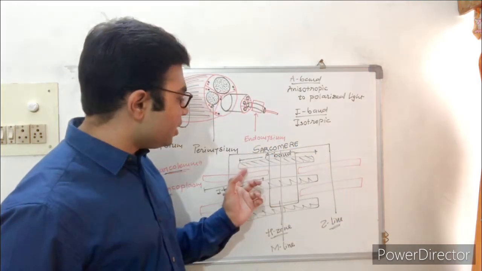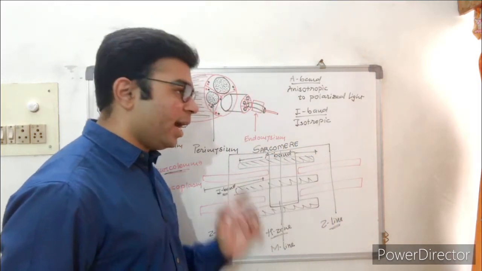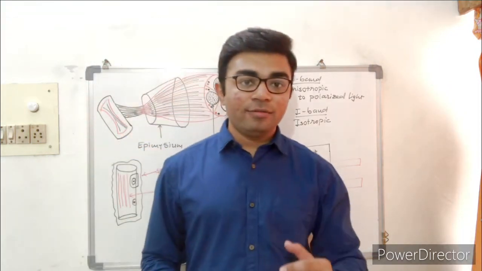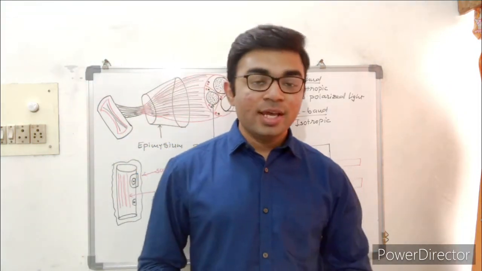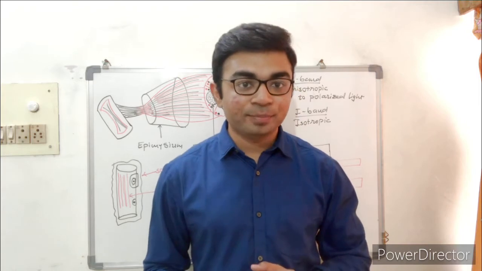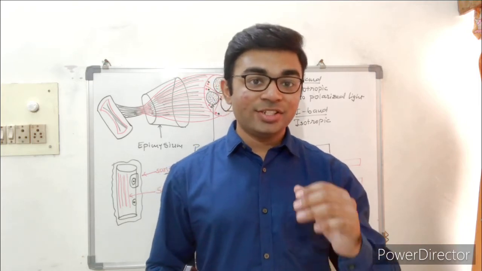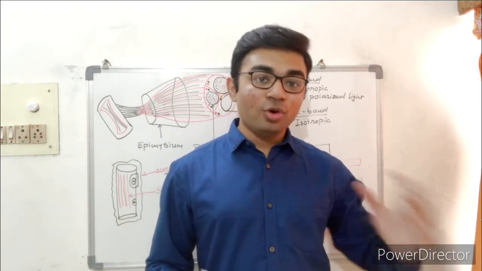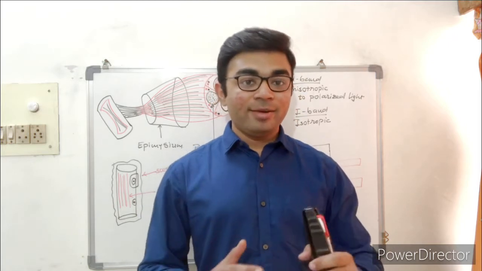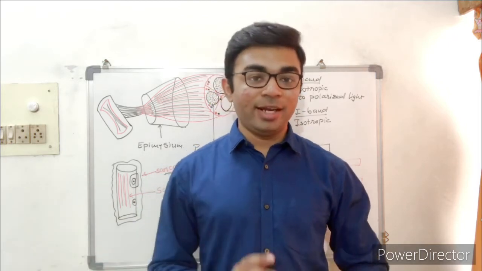All these bands, A band and I band, are made up of protein molecules, the actin and the myosin. This is actually out of scope of this video, and I am going to explain it in my next video.